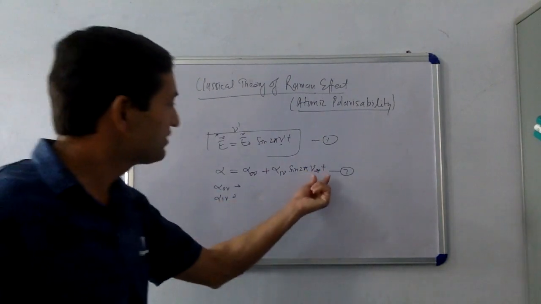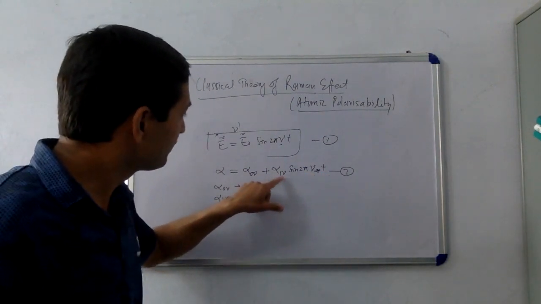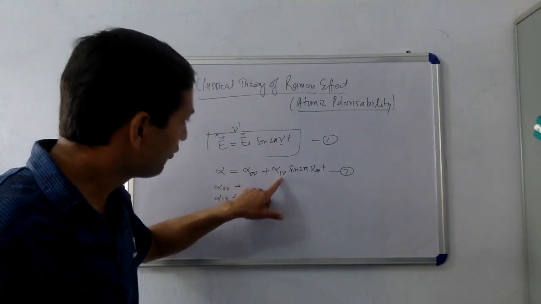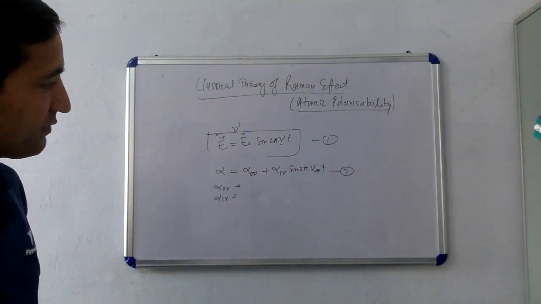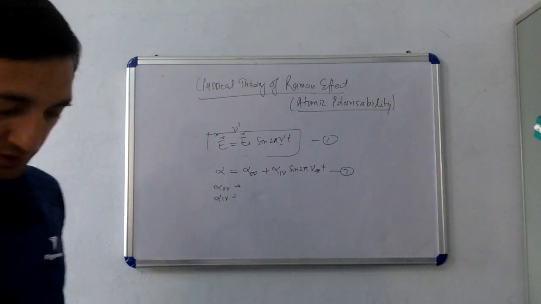So this is the maximum change of the variation in alpha when you have this vibrational frequency nu oscillating.